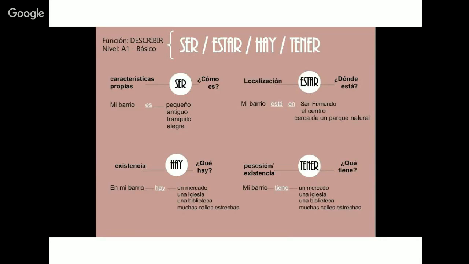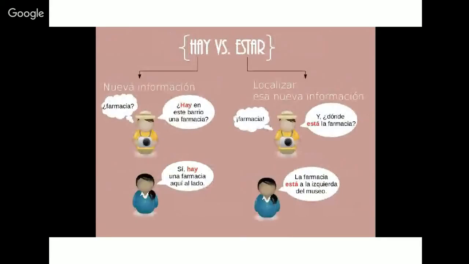Okay, we're going on. Now we're going to focus on the difference between hay and estar. Entonces, hay se utiliza para nueva información. Estar se utiliza para localizar esa nueva información.